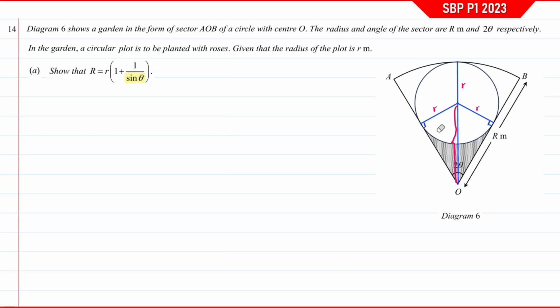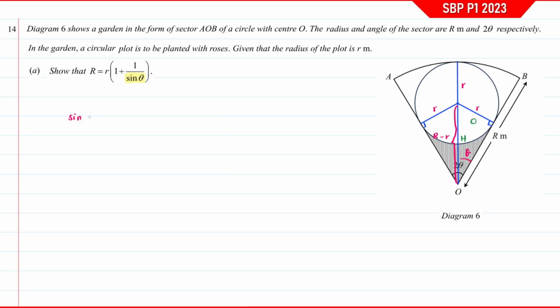Therefore, the length of this part will be capital R minus the small r. And here this will be theta. Using this right angle triangle, sine theta will be the opposite side over the hypotenuse.